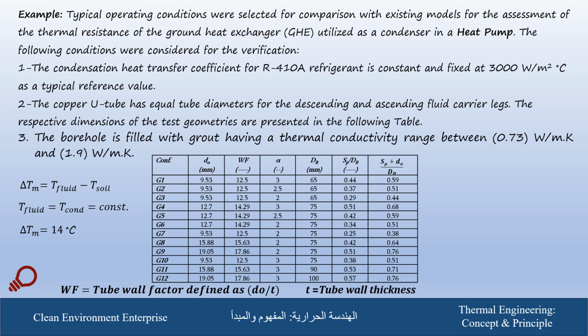And we have S sub P equal to alpha D naught as represented in equation number 5. That is the relation between SP and D naught, and alpha varies between 2 and 3 as shown in the table.